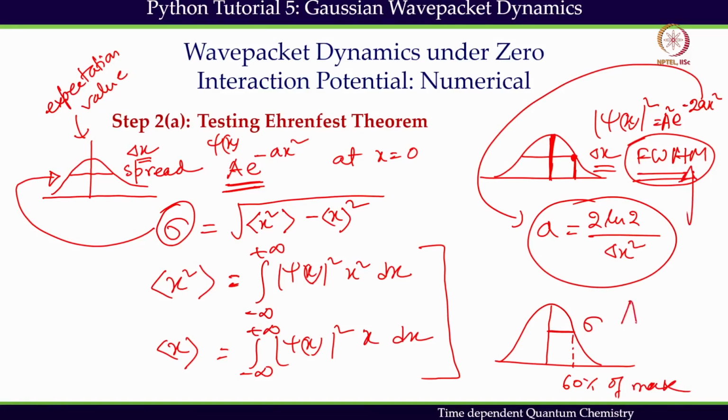And in that case the Gaussian distribution takes the following form, a e to the power minus x square by 2 sigma square. The Gaussian wave function takes this form in terms of sigma. Sigma can be calculated analytically, because as long as we know the wave function, we can multiply by x, this is scalar multiplication.